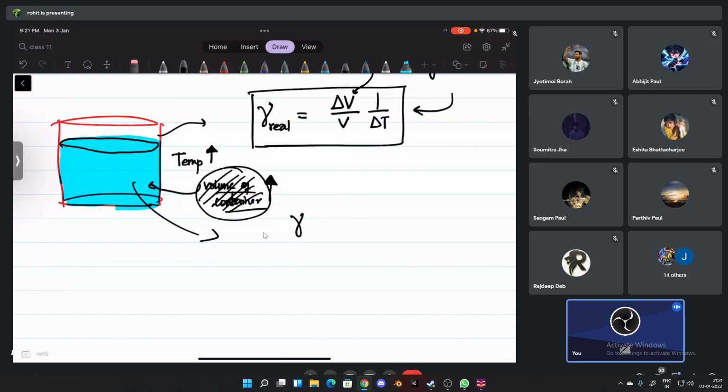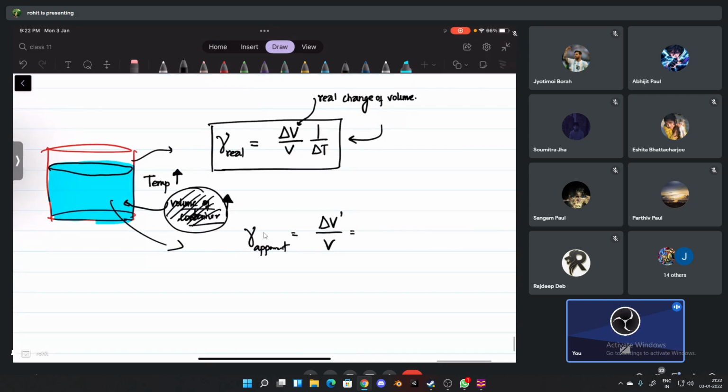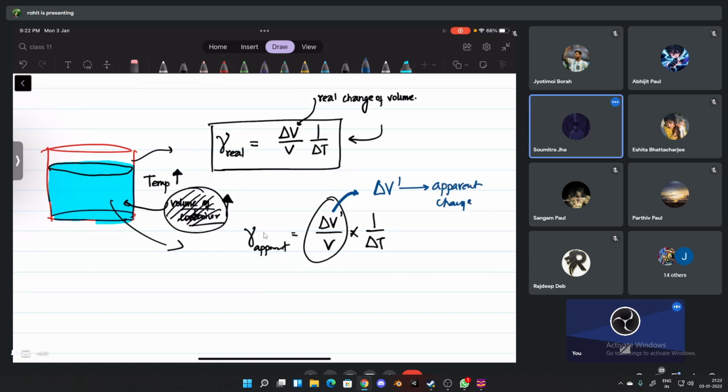In that case, I'm going to write the coefficient of apparent expansion equals to... This is called the apparent change of volume. Delta V dash represents the apparent change in volume of the liquid.